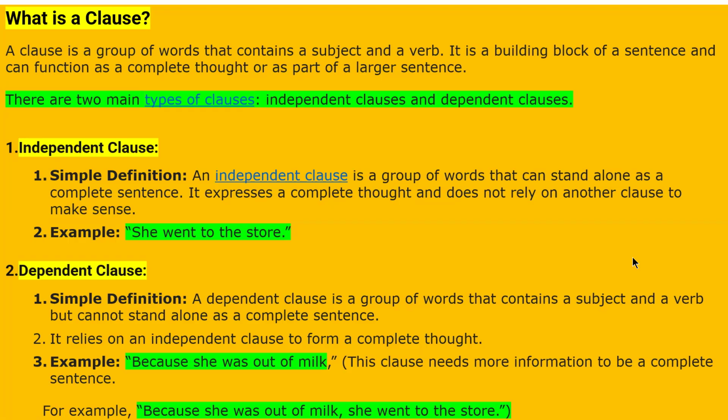Because she was out of milk is the dependent clause. She went to the store is the independent clause. There is no requirement of any other clause to give its complete meaning. She went to the store is the principal clause, independent clause, main clause. Because she was out of milk is the dependent clause. We cannot use it alone, as it does not give proper, clear, complete meaning.